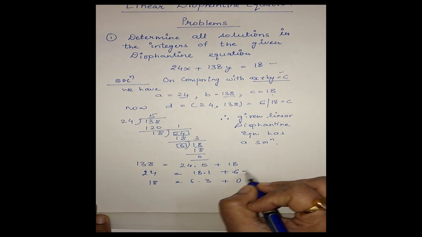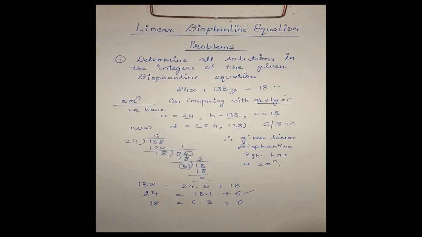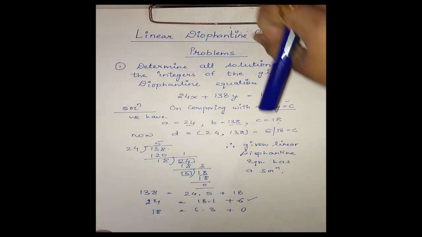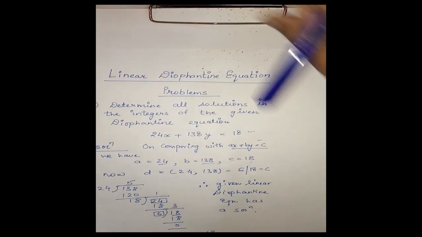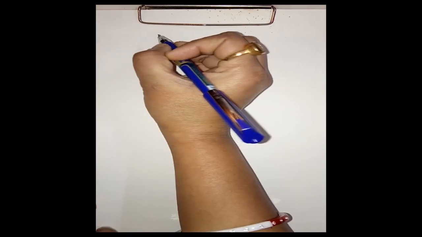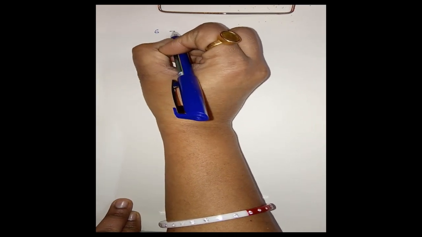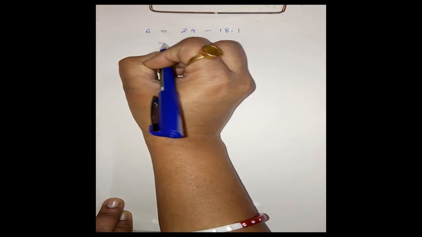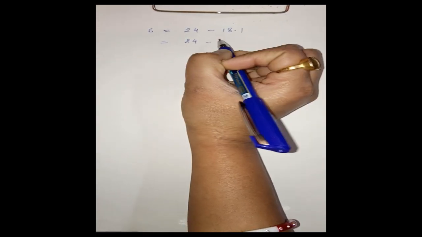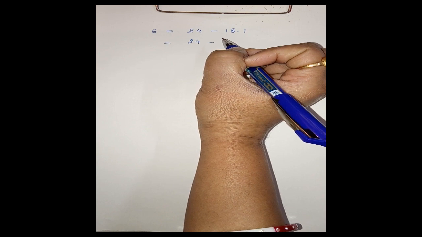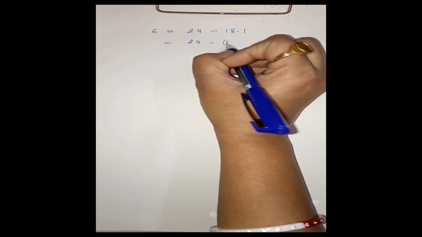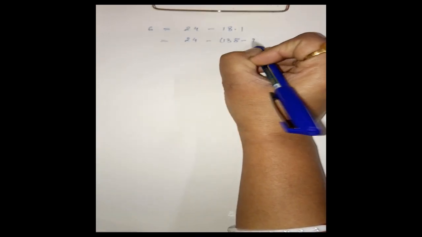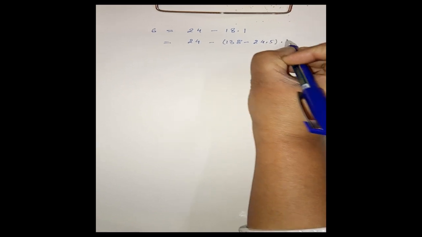Now we will start from the second last step. 6 is equal to 24 minus 18 into 1, that is 24 minus, now 18 can be written as 138 minus 24 into 5, into 1.